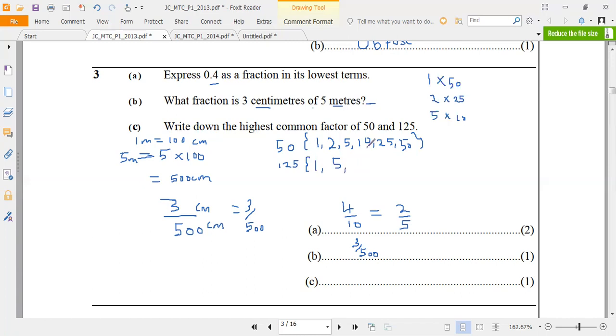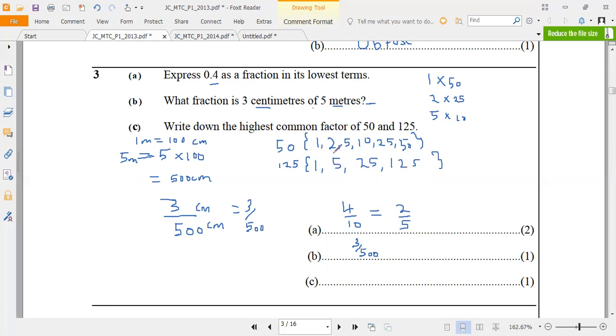After 5, of course, I think 25 is also a factor of 125. Then we have 125 is also a factor of 125. So those are the factors of 125 listed.